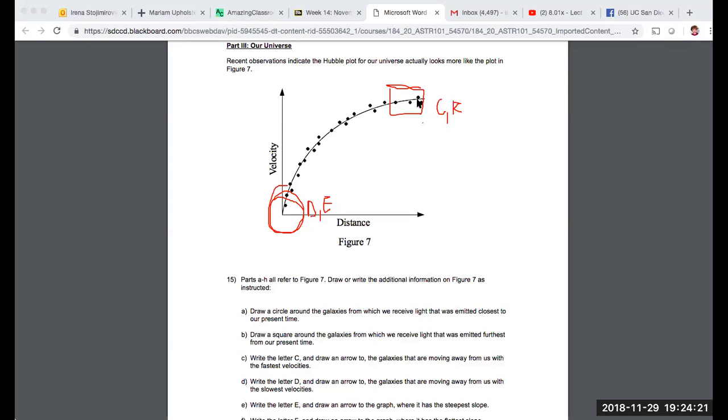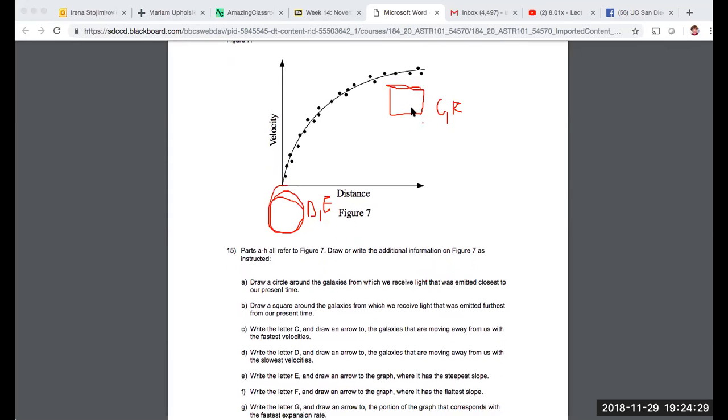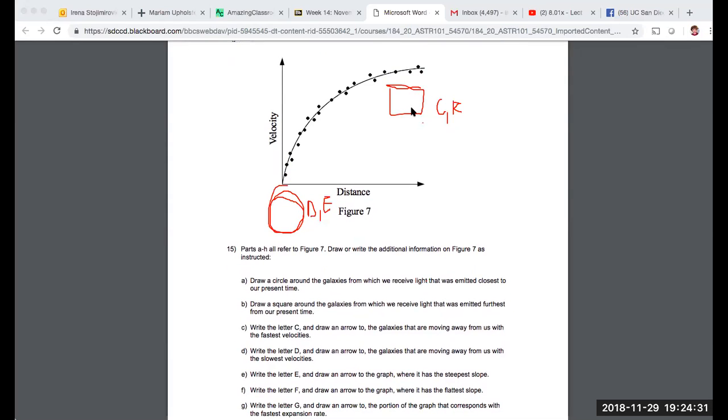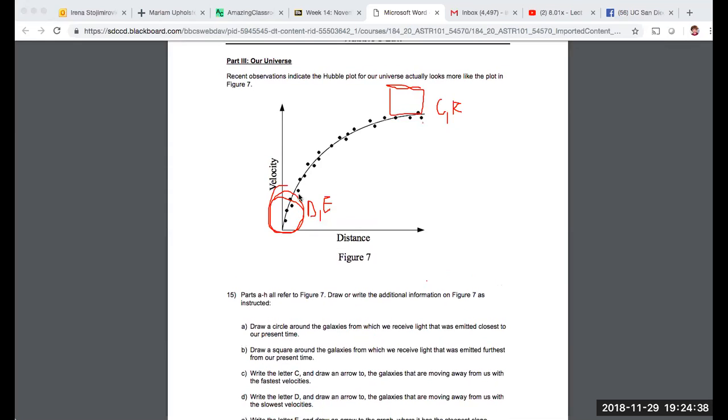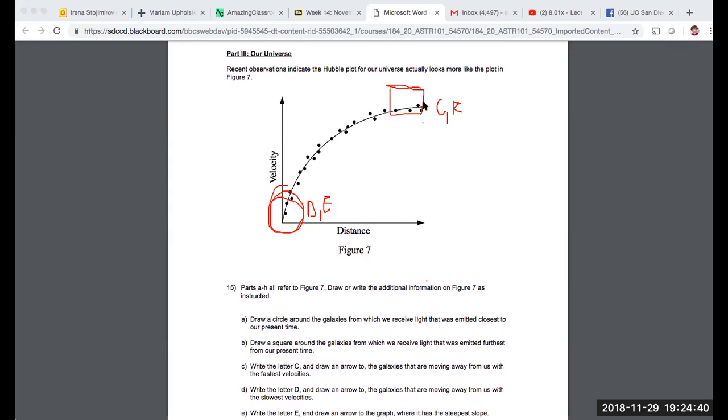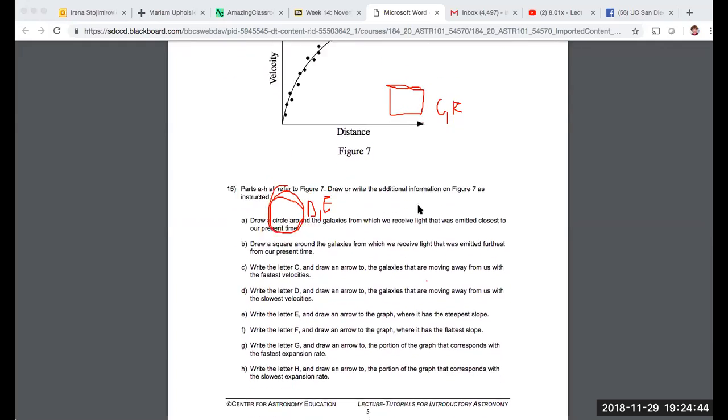That allows you to look at the much younger universe, not at the universe now, but at the universe a long time ago. So where is the fastest expansion rate? We already said it's going to be here. This is the fastest expansion rate, and this is the slowest expansion rate. Yes. Okay, good. What's the next question?